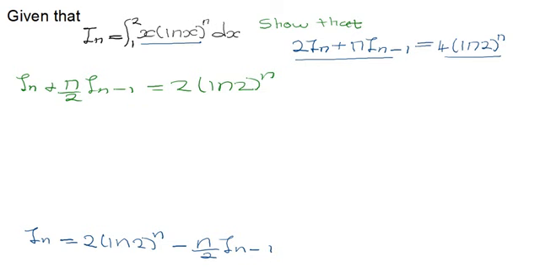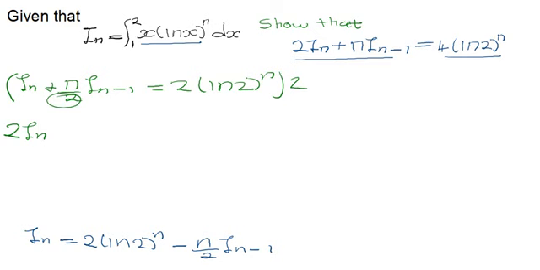Here, this and these are the same, but for them to really look the same, I just have to multiply everything by 2. I'm multiplying by 2 because of the 2 on the denominator there.